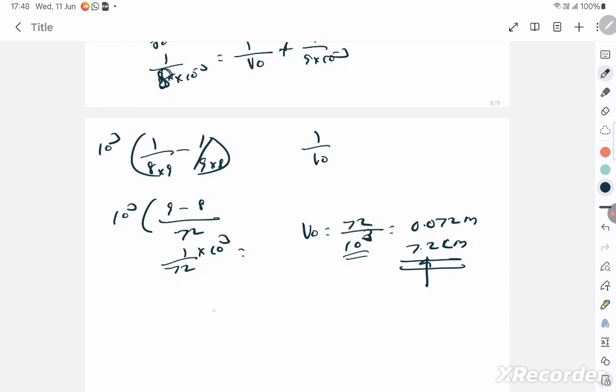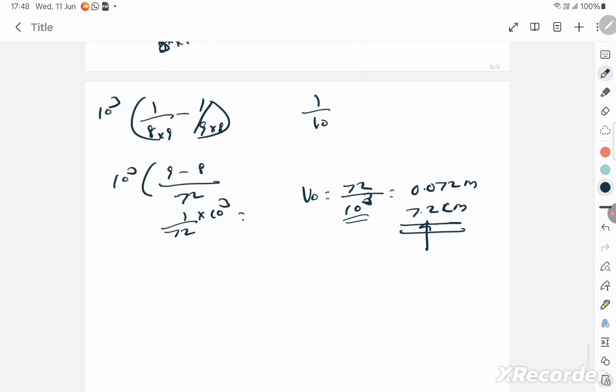I would approach the sum a little differently. Let's consider that d is the separation between the two lenses.